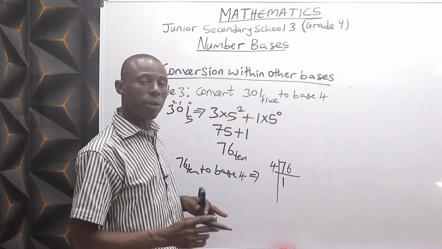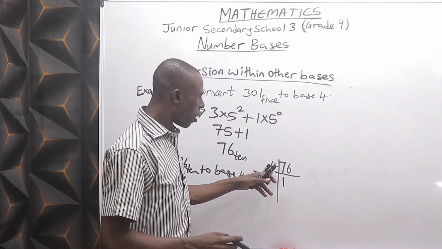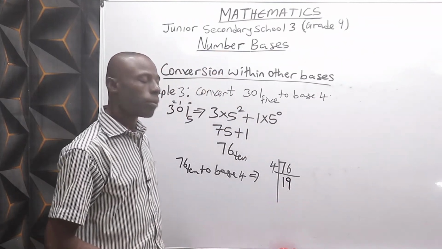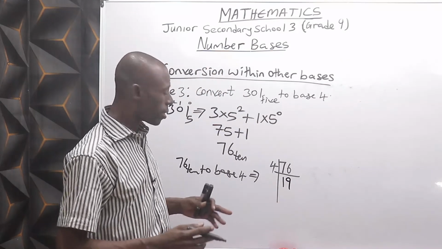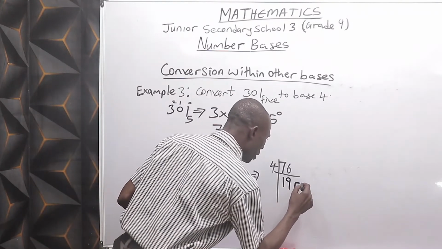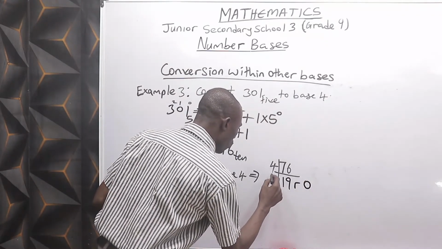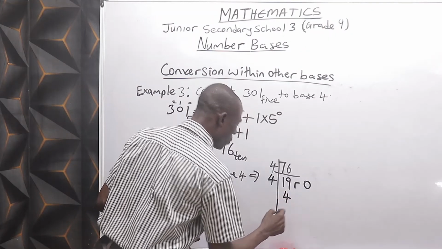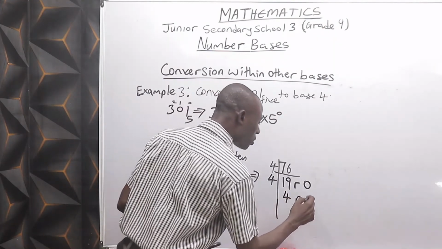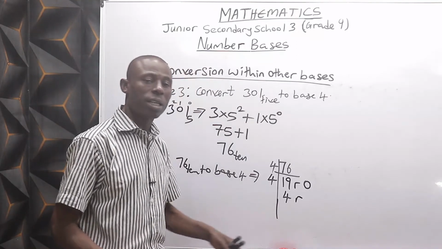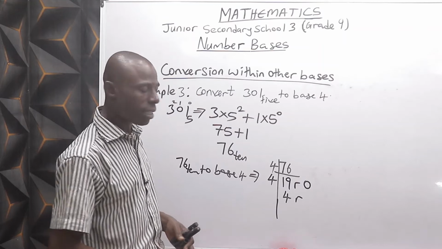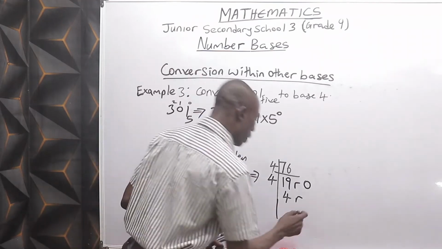It remains 3. 4 in 36, that is 9, because 4 times 9 is 36, remainder 0. 4 in 19, that is 4. Remainder what? Look at it. 4 times 4 is 16. Subtract 16 from 19. Remainder 3.